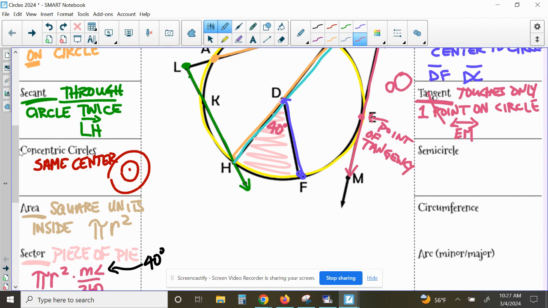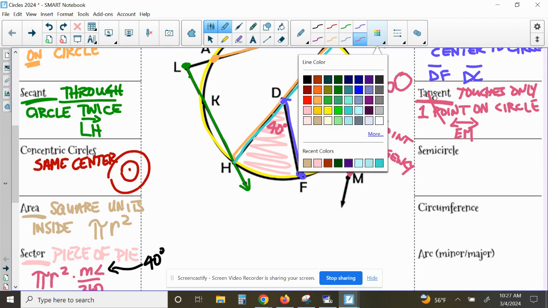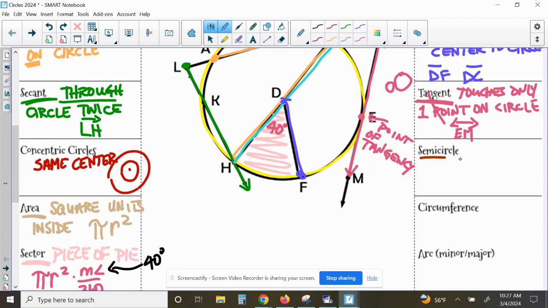Semicircles. I'm going to do this dark red-ish color. Okay. What is a semicircle? It's half, right?